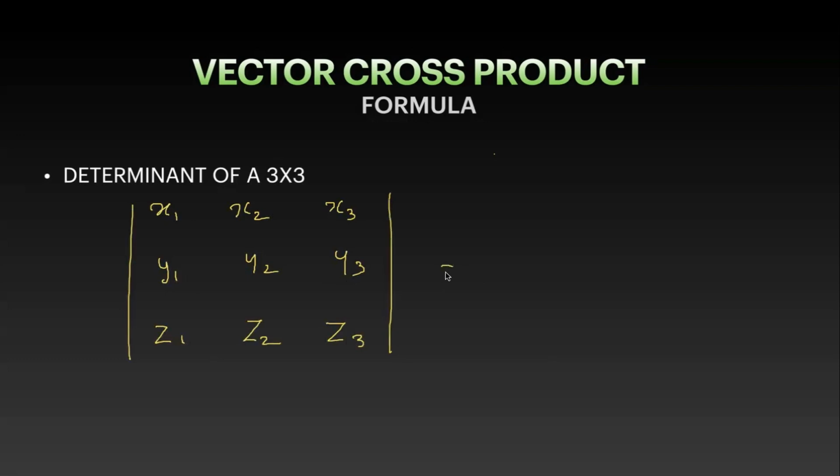For the determinant, first you take x1, then forget about its row and column temporarily, and multiply the remaining: y2 z3, minus y3 z2.